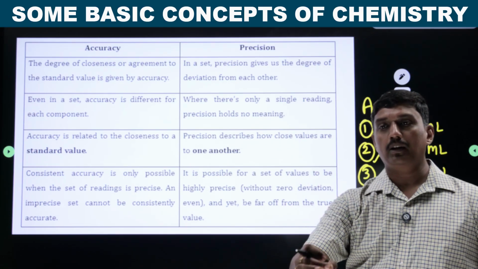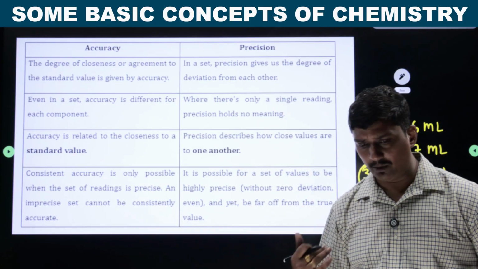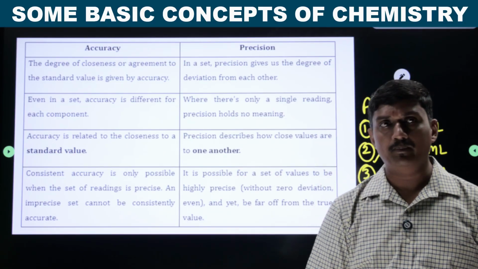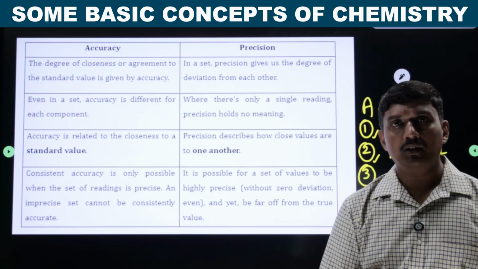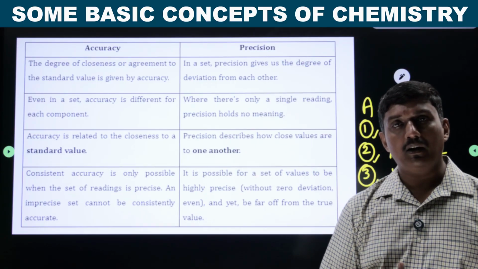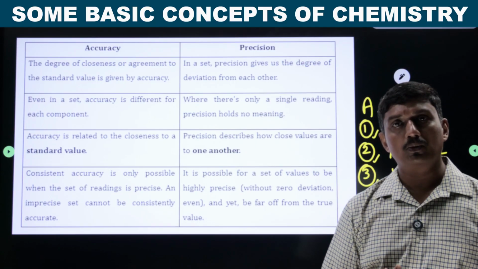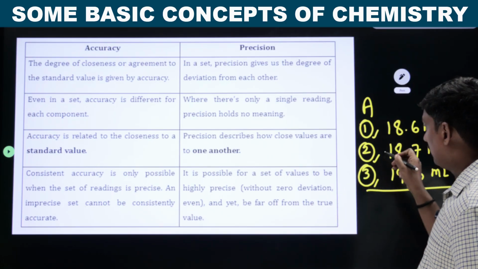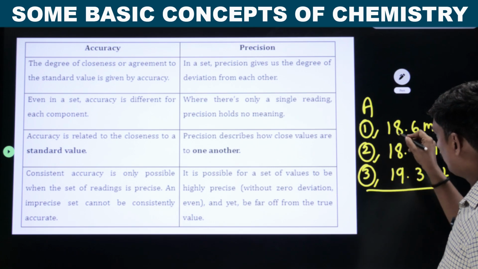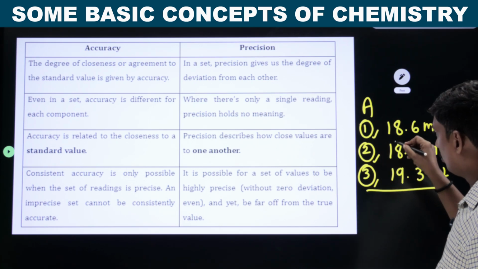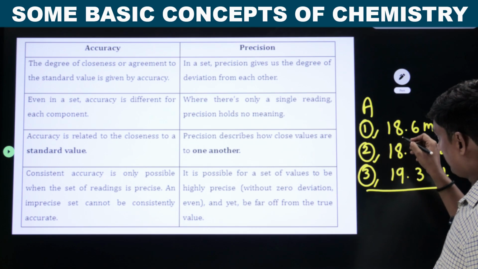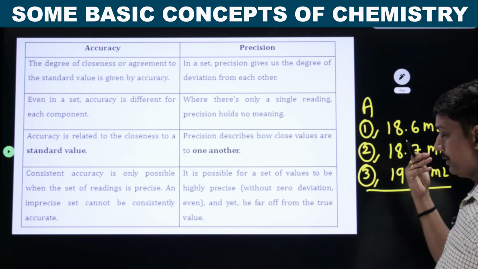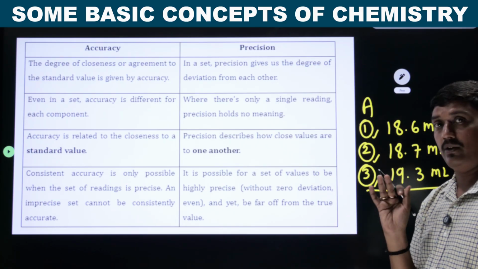Now the student who performed the experiment is under confusion. Whether the first is correct, the second is correct, or the third is correct, you don't know. By considering the first and second values, they are almost the same. You may take an average of the two, but it may be correct or not.